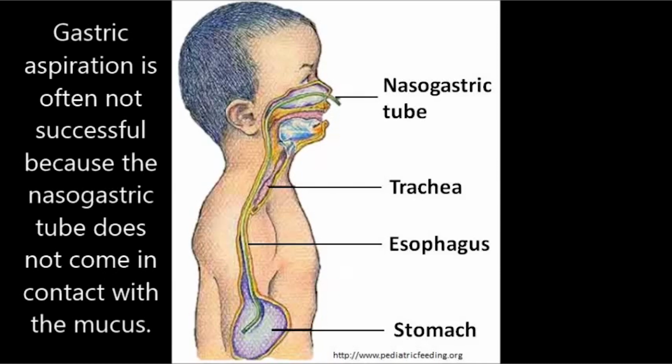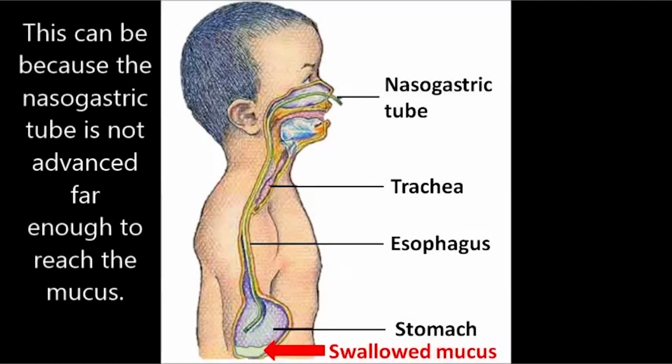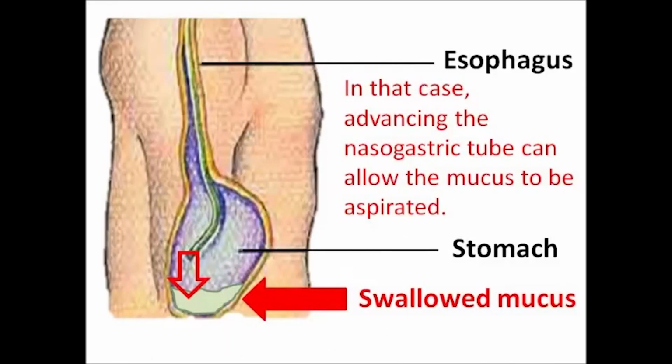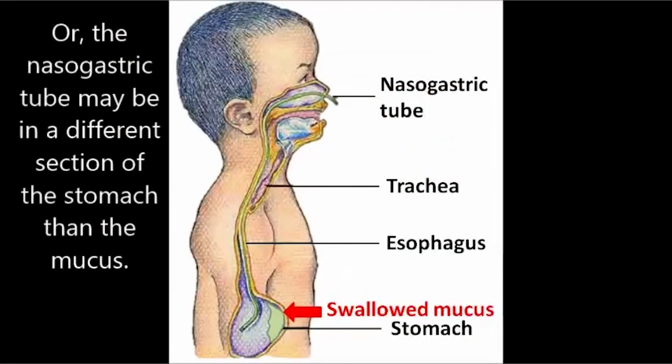Gastric aspiration is often not successful because the nasogastric tube does not come in contact with the mucus. This can be because the nasogastric tube is not advanced far enough to reach the mucus. In that case, advancing the nasogastric tube can allow the mucus to be aspirated, or the nasogastric tube may be in a different section of the stomach than the mucus.